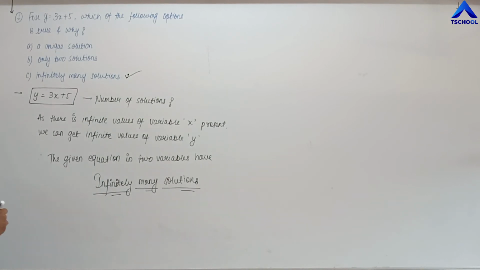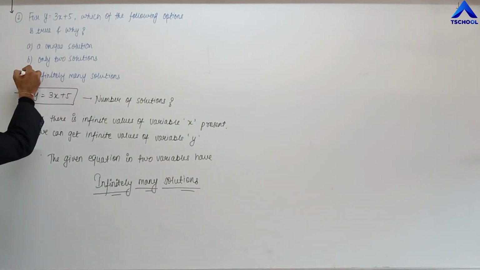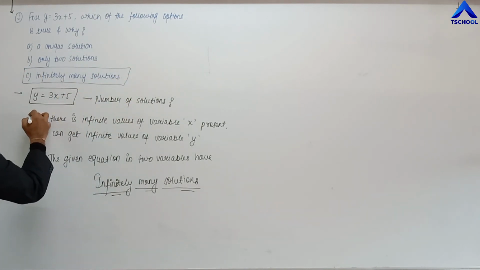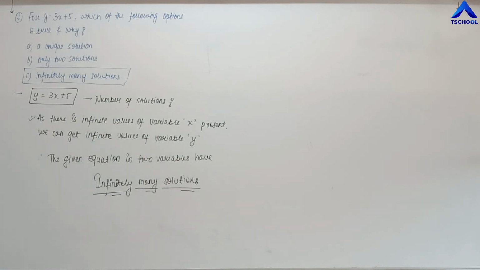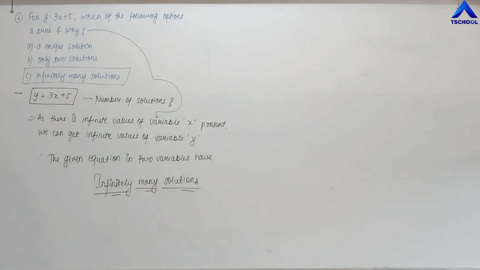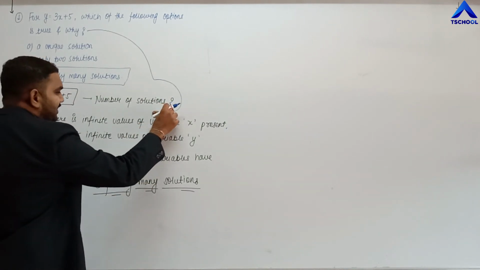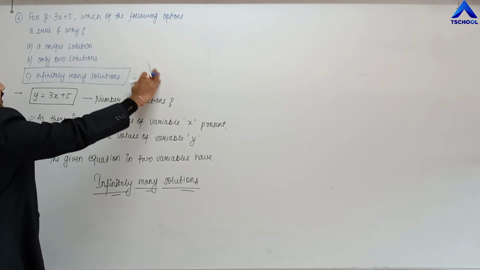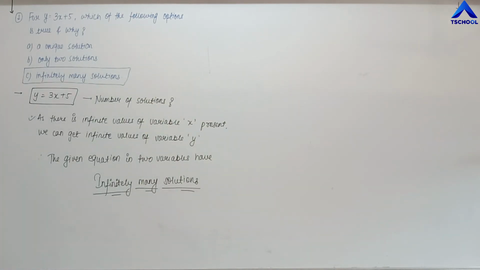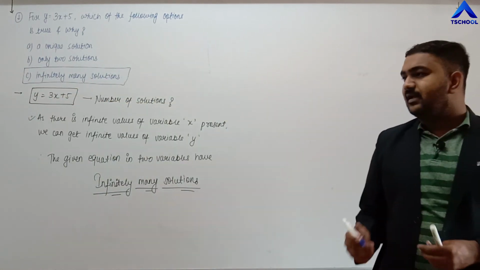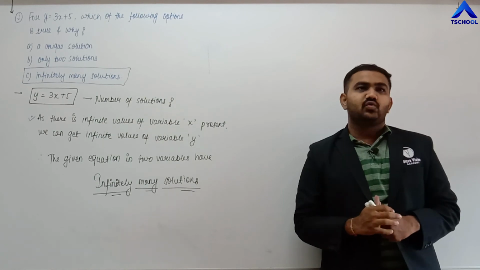So you can find infinite solutions for this equation, for any linear equation in 2 variables. So that is our answer, and this is the reason for the given answer. As there are infinite values of variable x present, you can find respective infinite values of the variable y from the given equation. So that is how you can get infinitely many solutions for any linear equation in 2 variables.